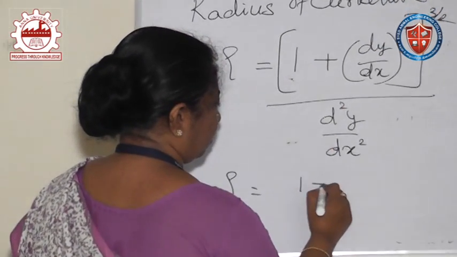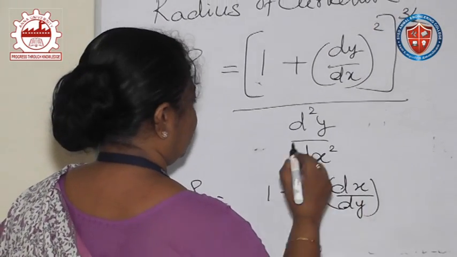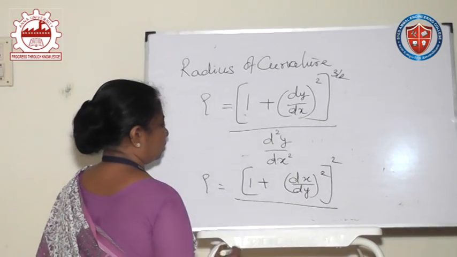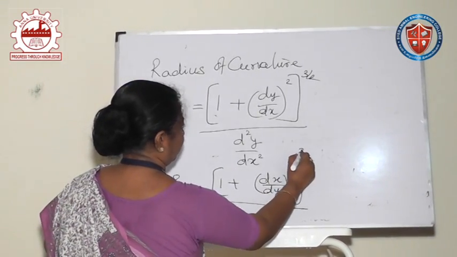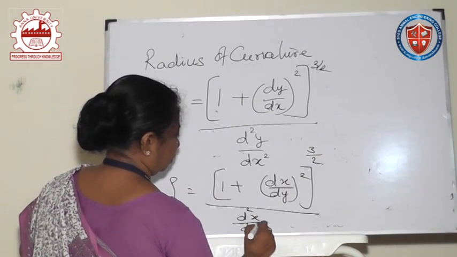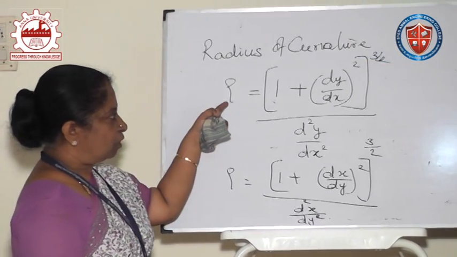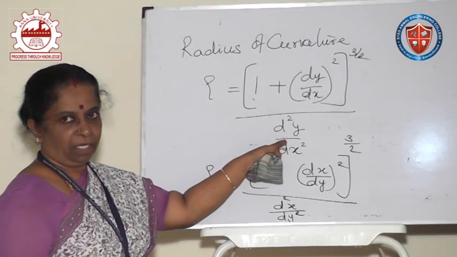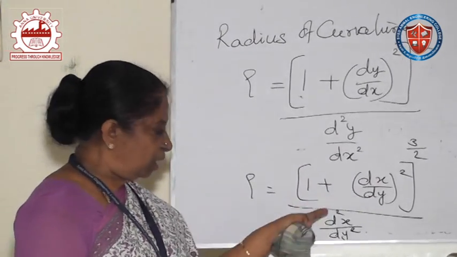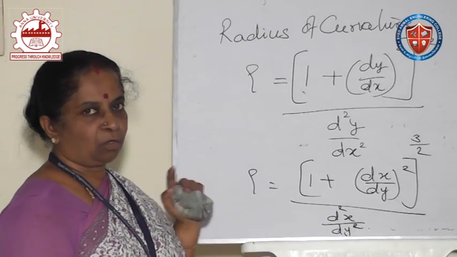So my formula changes the other way around: 1 plus dx by dy the whole square, the whole raised to the power 3 by 2, divided by d square x by dy square. Now if I have the denominator 0, I can do my differentiation the other way around and then simplify to get my radius of curvature rho.